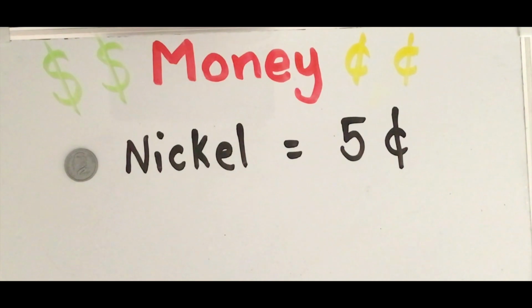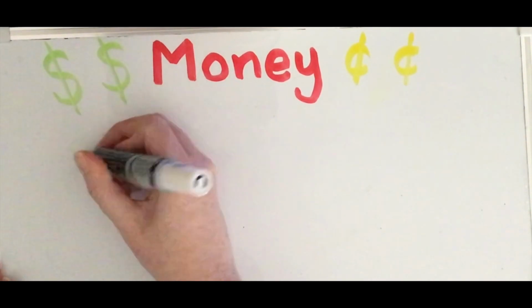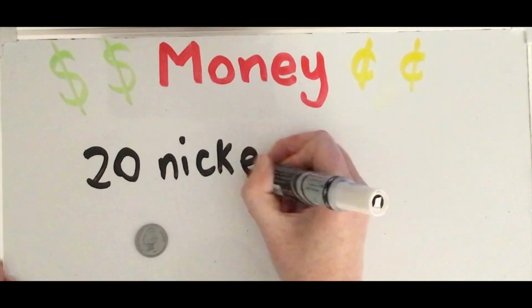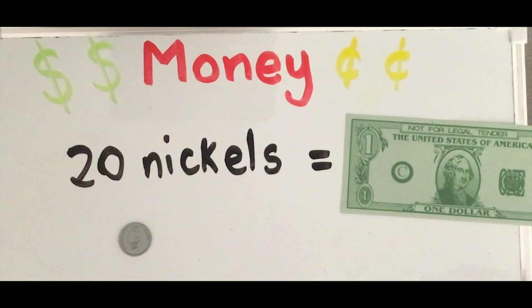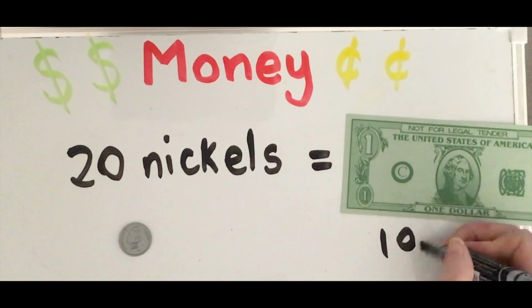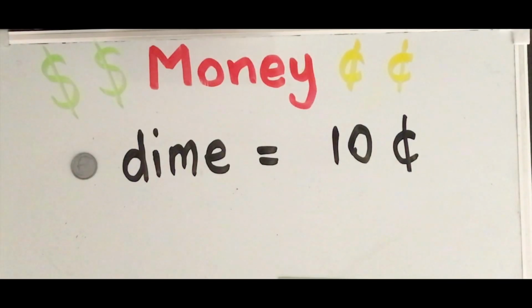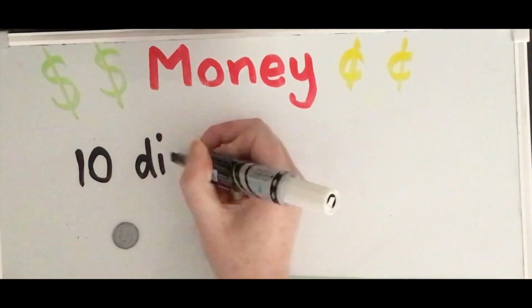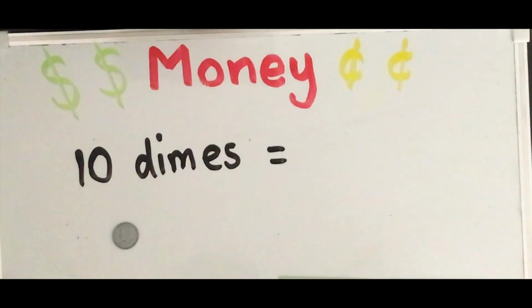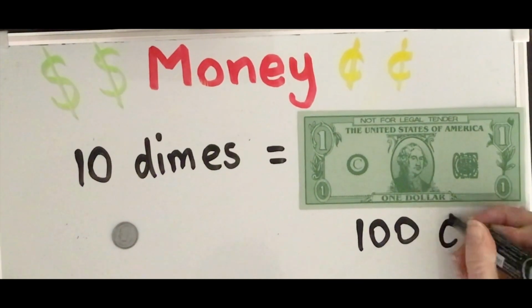A nickel equals 5 cents. 20 nickels equal $1. That's 100 cents. 1 dime equals 10 cents. 10 dimes equals $1. 100 cents.